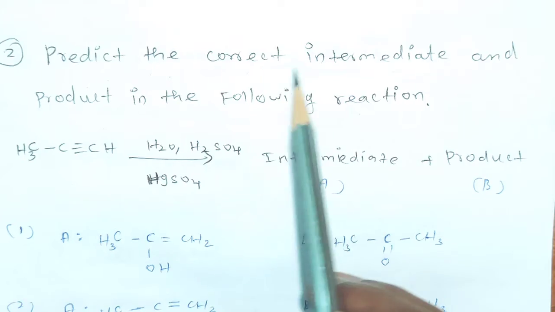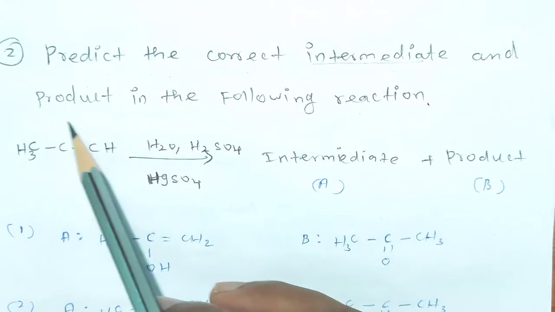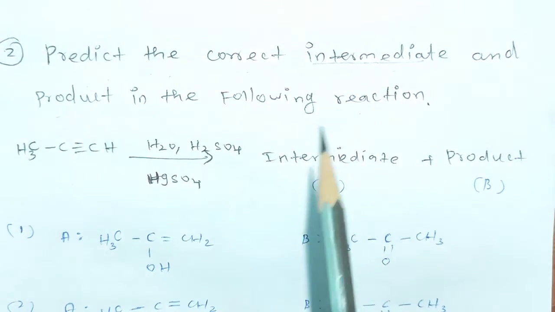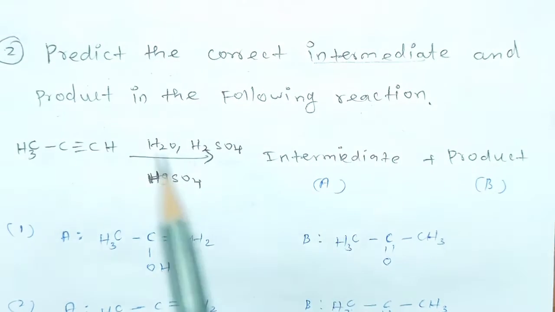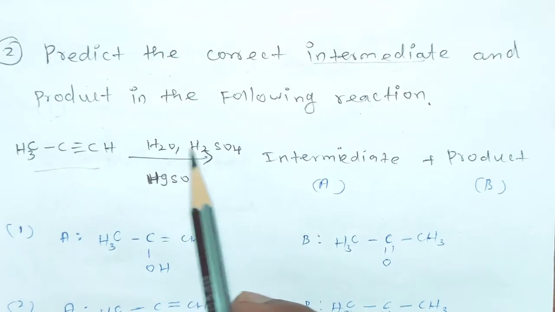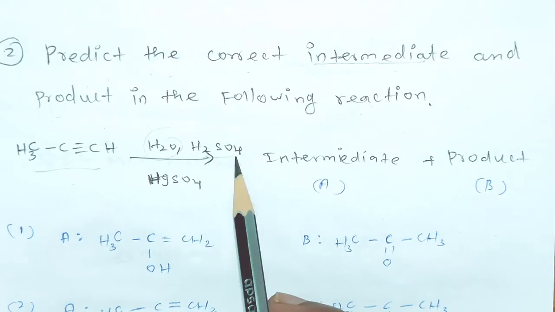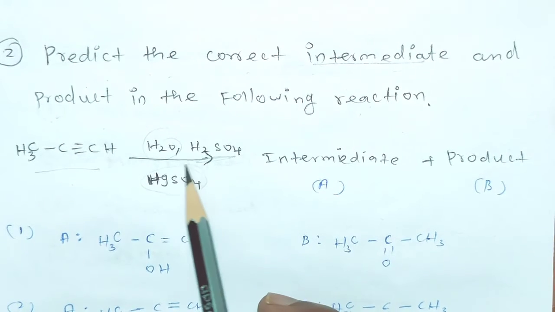Second question: predict the correct intermediate and product in the following reaction. Here one compound is given in presence of water, sulfuric acid and mercury sulfate.